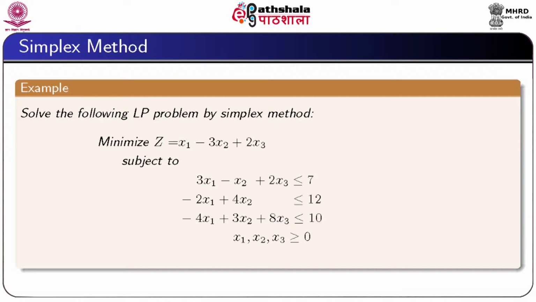Now we consider an example and demonstrate the simplex method. Suppose that we have to minimize z equal to x1 minus 3x2 plus 2x3 subject to 3 constraints, and also we have non-negativity restrictions for the decision variables x1, x2 and x3. First, we convert this problem into standard form.